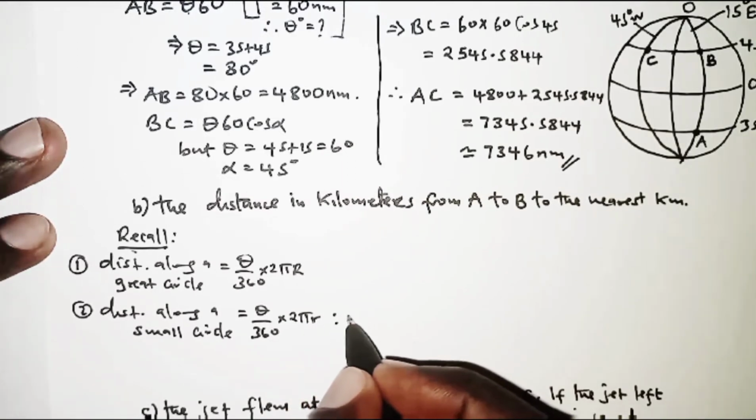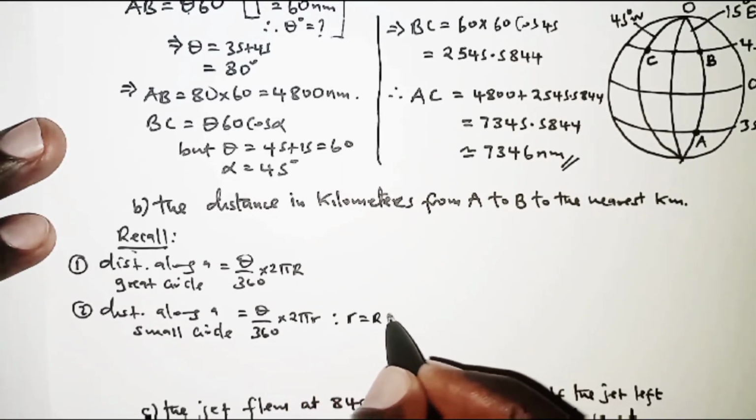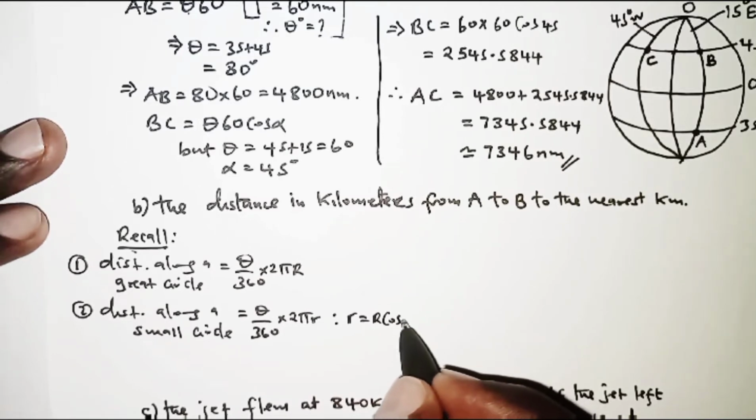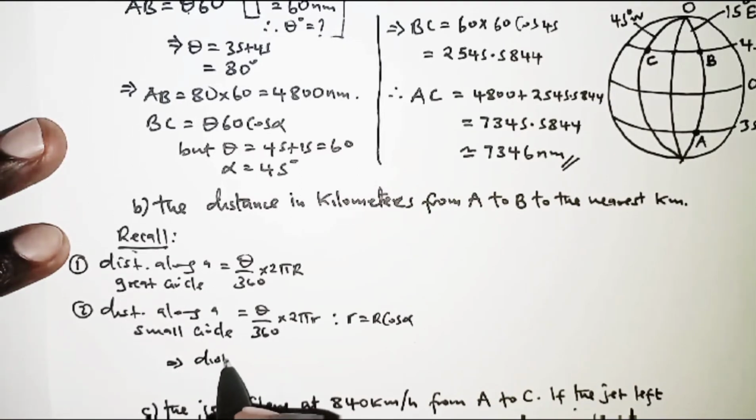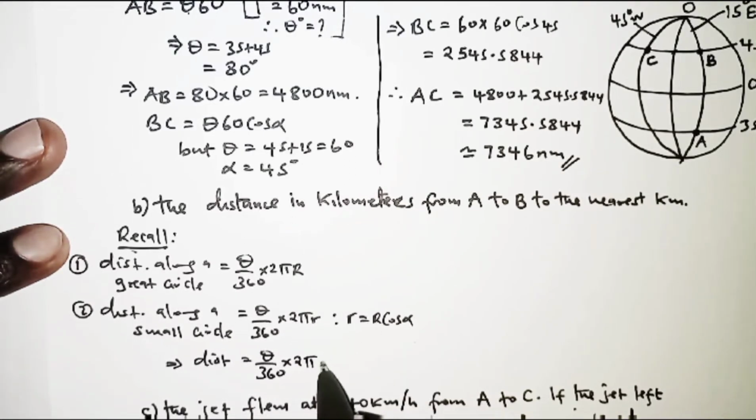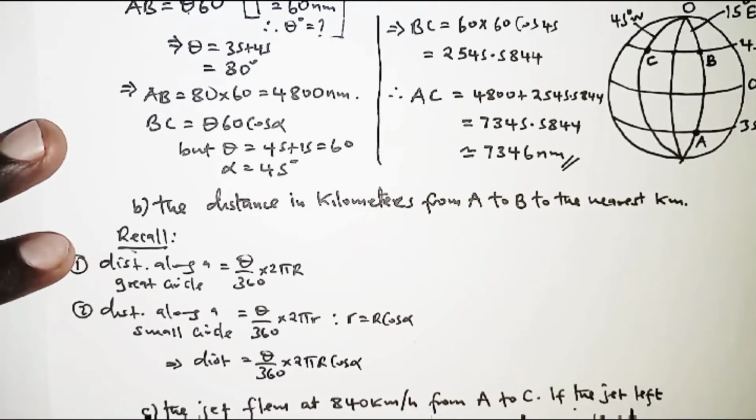But you also need to know that r is given as r cosine of alpha, which implies that the distance along a small circle is given by theta over 360 times 2 pi r, but r is r cosine of alpha.